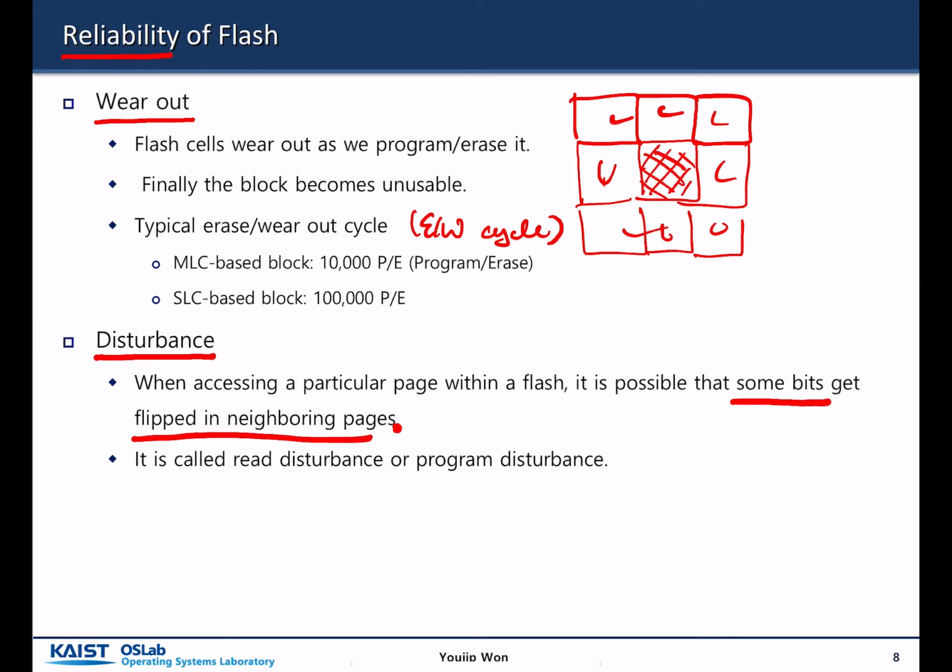That's what we call read disturbance. If you program this cell, it is also possible that the neighboring cell is affected. That is called program disturbance.